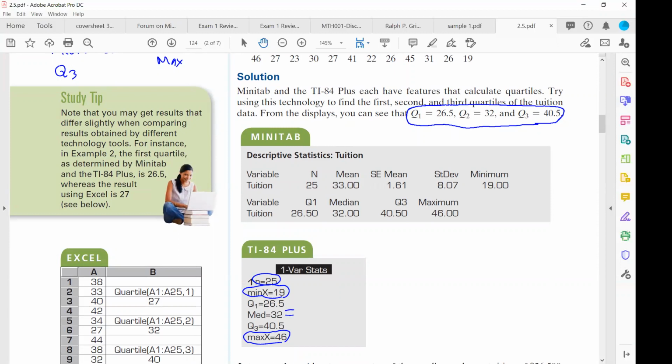Median or second quartile is 32. First quartile or the median of the first collection is 26.5. And Q sub 3 or the median of the second collection is 40.5. Move on to next page.